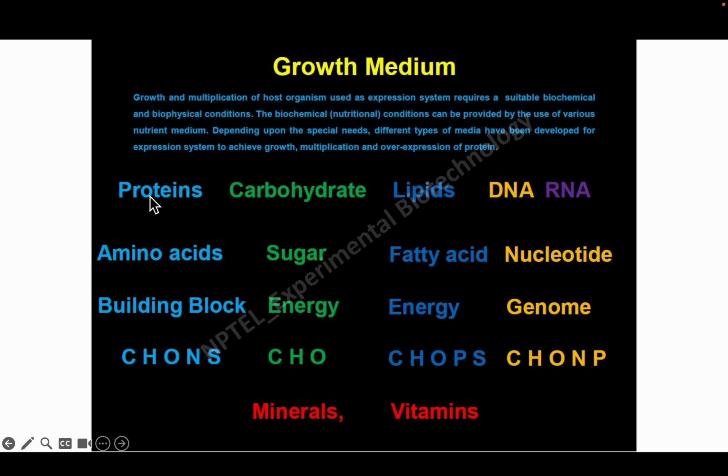So for the growth medium, what do you need to grow a cell? Proteins, carbohydrates, lipids, DNA, RNA, amino acids, sugar, fatty acids, nucleotides, building blocks, energy, genome, different atoms like C, H, O, phosphate, etc., minerals, vitamins.